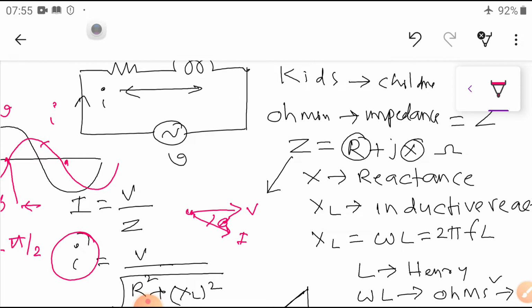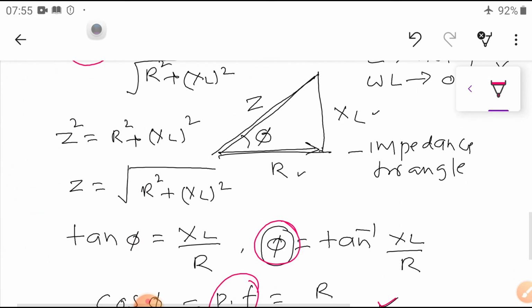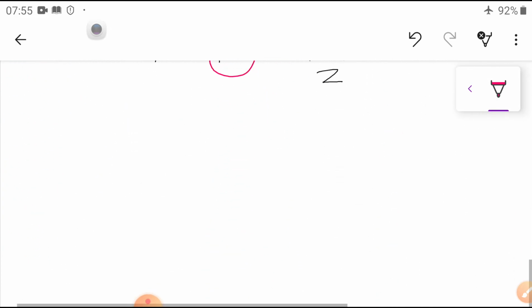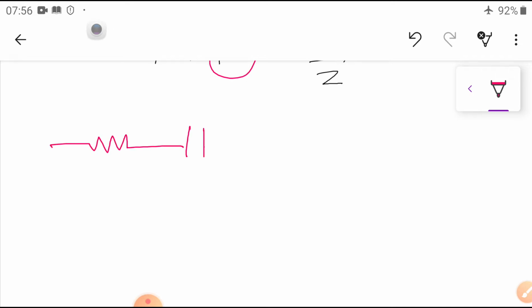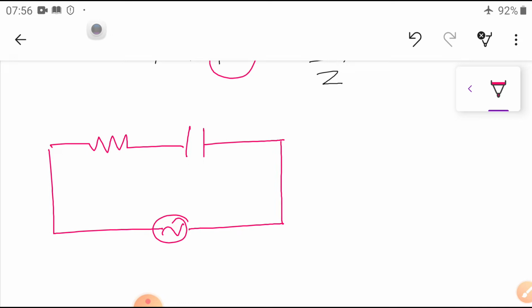Now coming to resistance and capacitance connected, what happens in this case? Same similar process. Whatever the resistance is given, and the capacitance is given in microfarads, this is the voltage, this is the current.